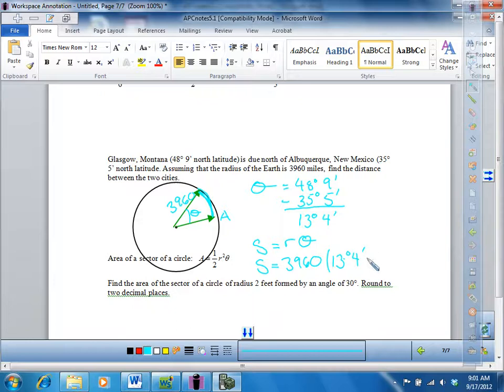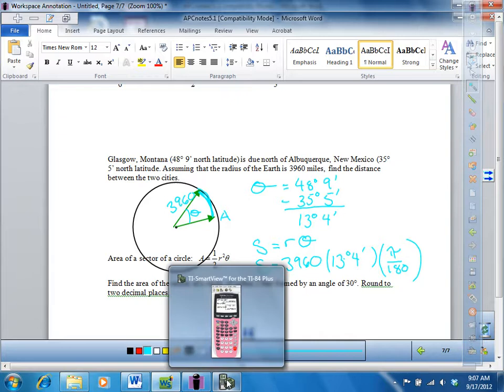But I'm going to multiply that by pi over 180 because that angle needs to be in radians. You understand that?